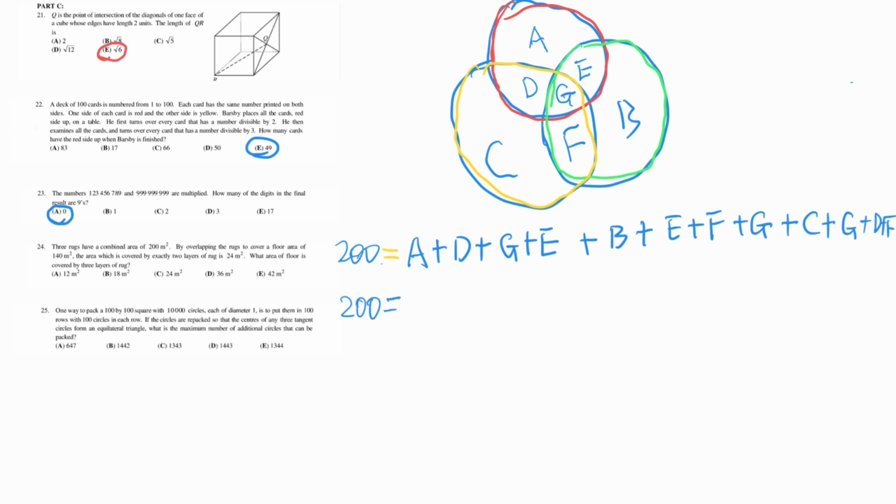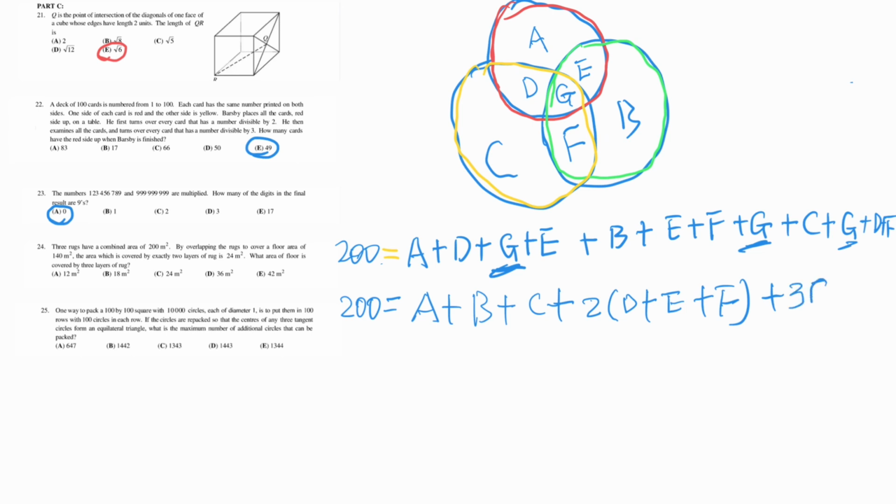200 equals A plus, we have the sum, the A, single layer, we add them together, A plus B plus C, and the double layer is 2D plus 2E plus 2F, and we have the 3G.